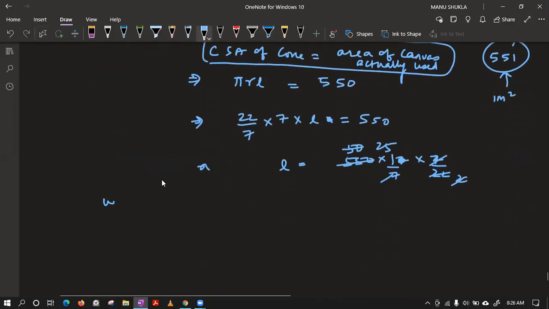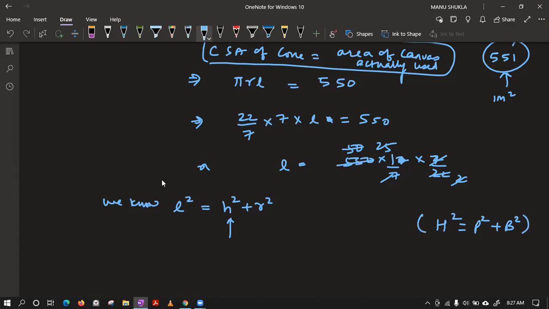How? We know that L square is equal to H square plus r square. Don't confuse this height with hypotenuse. I know you have studied h square is equal to p square plus b square, but in that, this h was hypotenuse, capital H. Capital P was symbolizing perpendicular and capital B was symbolizing base.